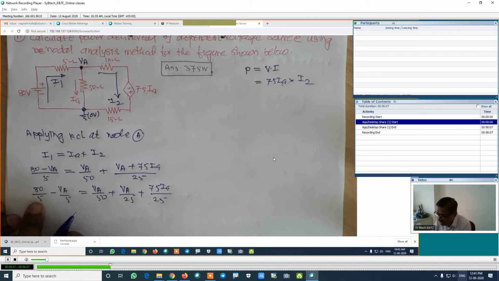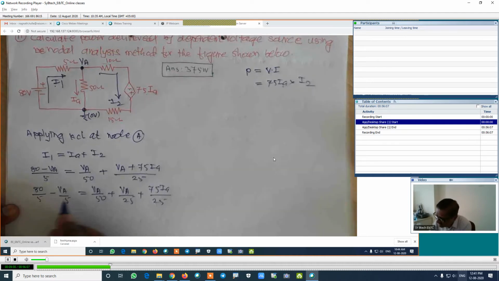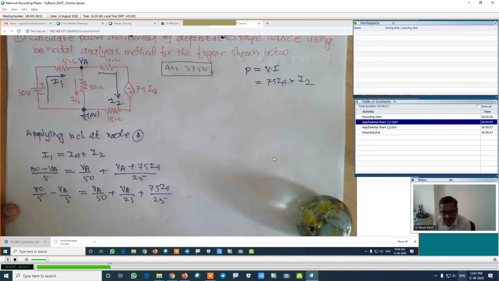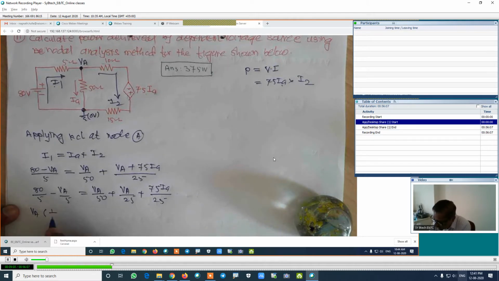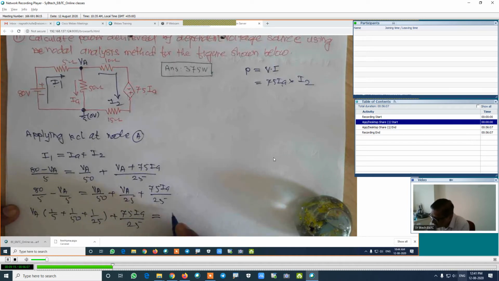Taking VA as common, inside the bracket it is 1 upon 5 plus 1 upon 50 plus 1 upon 25. This is plus 75 into IA divided by 25, which is equal to 80 divided by 5.